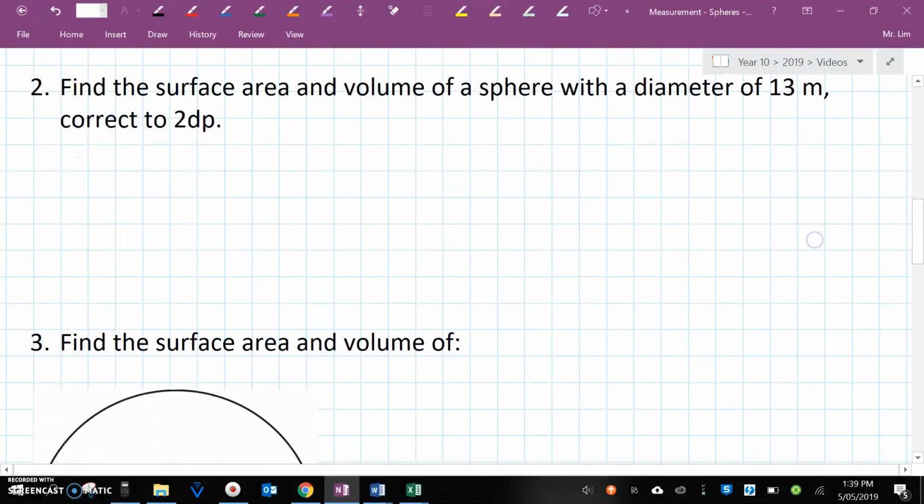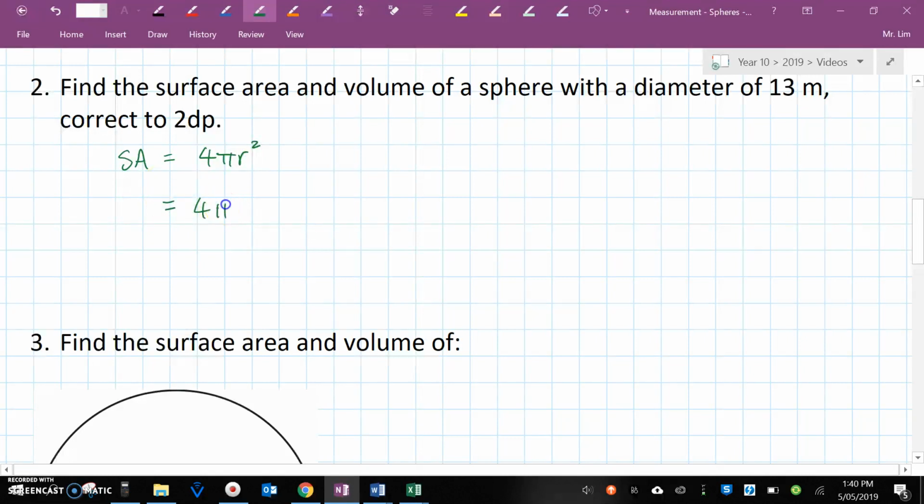Question 2 says, find the surface area and volume of a sphere with a diameter of 13 meters correct to 2 decimal places. So this is exactly the same as question 1, except we're not given a radius, we are given the diameter. So surface area is equal to 4 pi r squared.